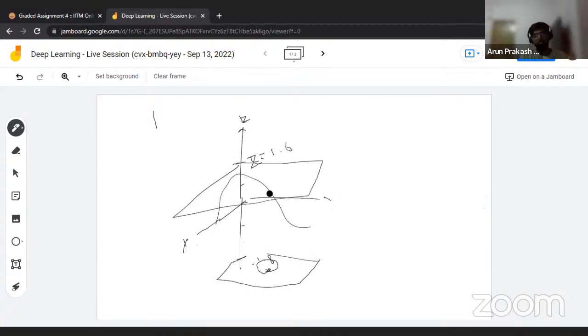So the contour of that constant, I'm having a contour something like this with value equal to 1.6. Meaning that, though it's not exactly the maximum point. So if I have some surface like this, I'm not actually asking you whether it is the exact maximum point. But I know that I am actually moving towards the maximum from the minimum.